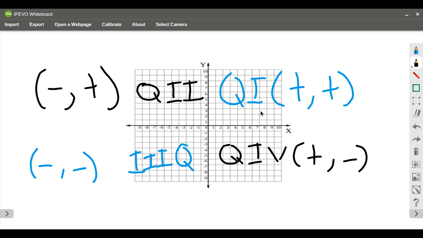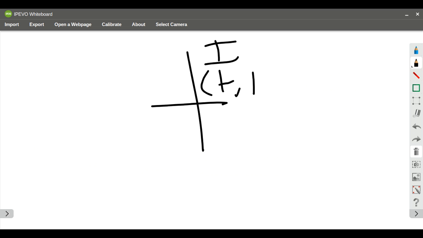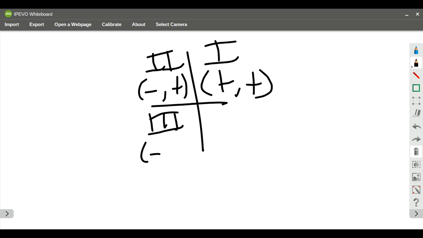I would label quadrant 1, positive, positive, quadrant 2, negative, positive, quadrant 3, negative, negative, and then quadrant 4, which would be positive, negative. You don't need that in parentheses.